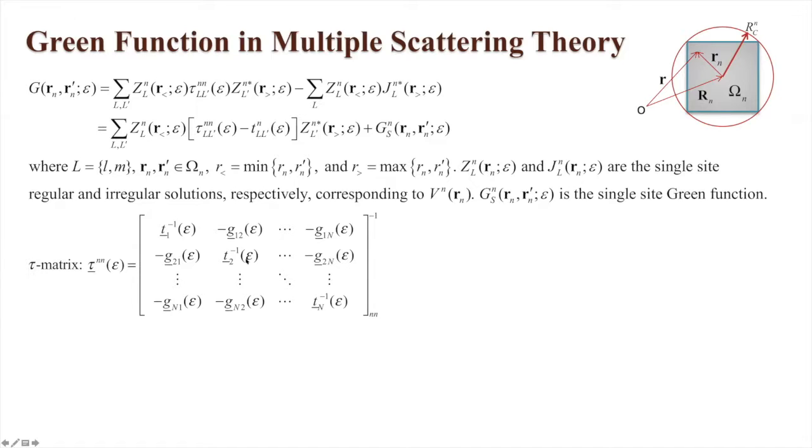What atom it is determines the t matrix, which is put on the diagonal terms. For the whole matrix, you take the inverse and take the nn block. It gives you the so-called tau matrix, which is a property of the multiple scattering problem.